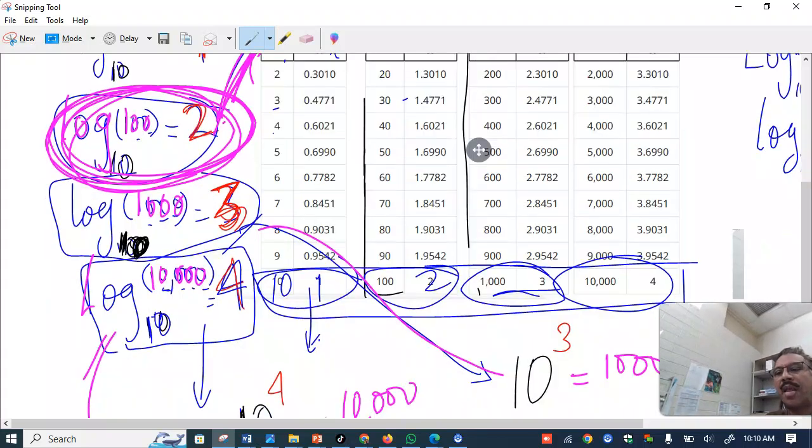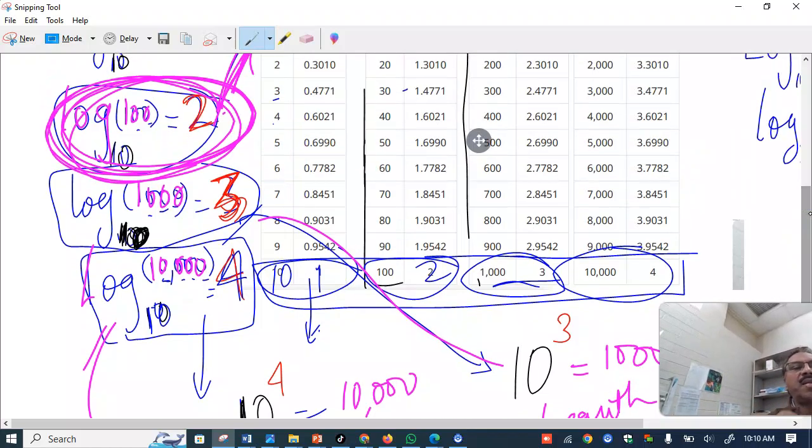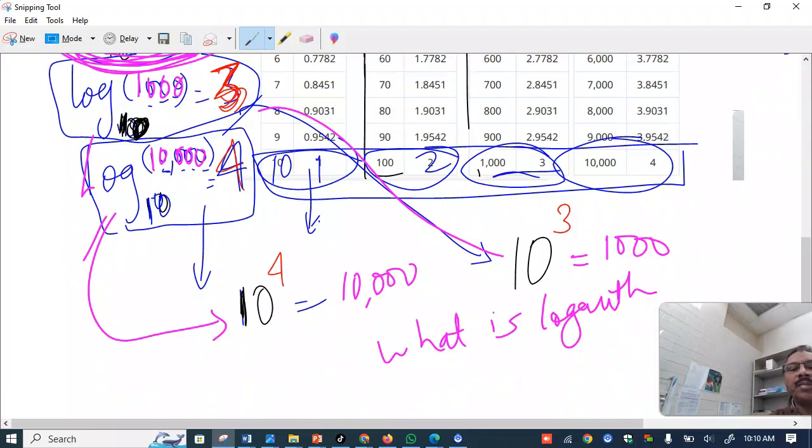So I hope I'm making sense here. To understand what is, the question is what is logarithm, right? So logarithm is whatever the value that you see, let's see the value, log is, so if I write log base 10 of let's put it like 100.